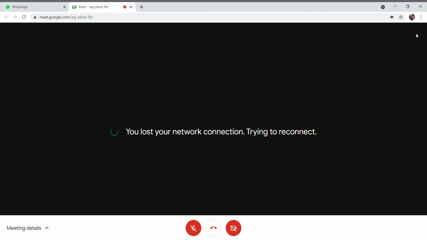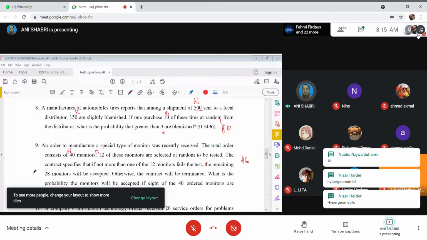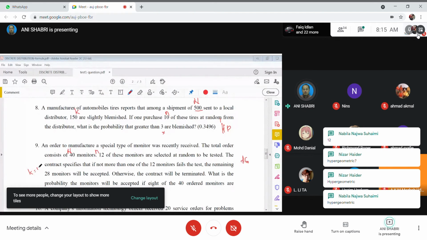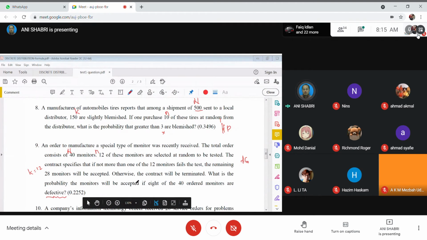Small n is 12. What is the value K? K is 12. Look at the defective ones, this one is defective. X is not given. What is the value X?